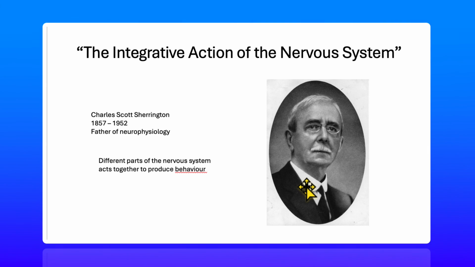They are summated, and the action is the product of these summations. This idea essentially formed the bedrock of neurophysiology, and many would consider Sir Charles Scott Sherrington the father of neurophysiology.